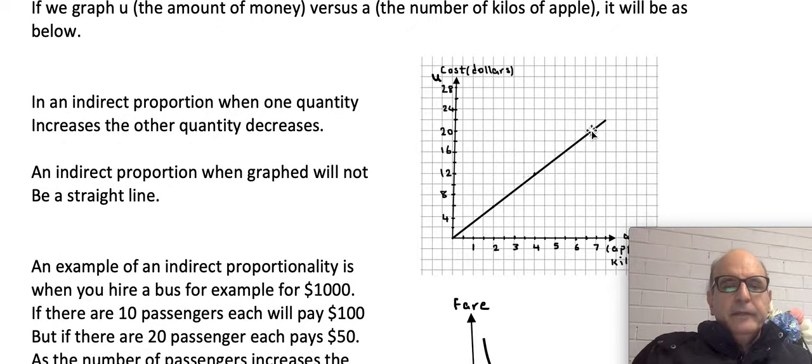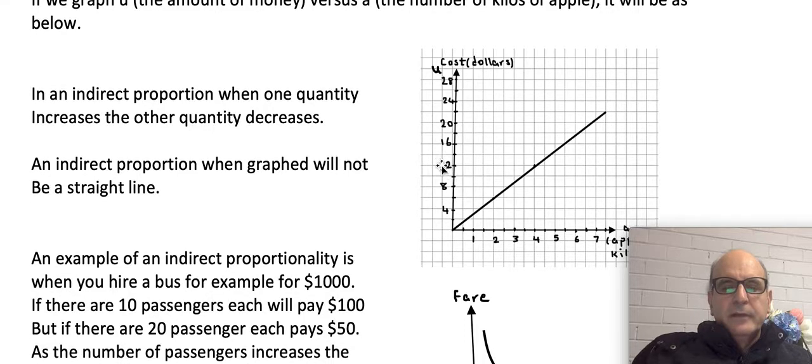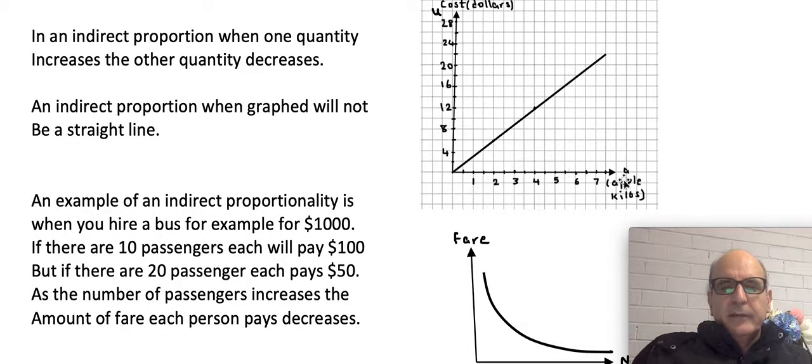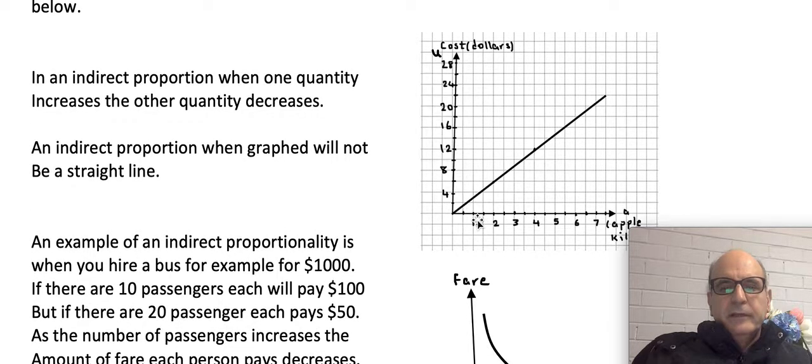Now, if we sketch the cost of apples versus the weight of the apple we buy, when the weight is 0, the price you're paying is 0. But say when the weight is 2 kilogram, the price you're paying is $6.